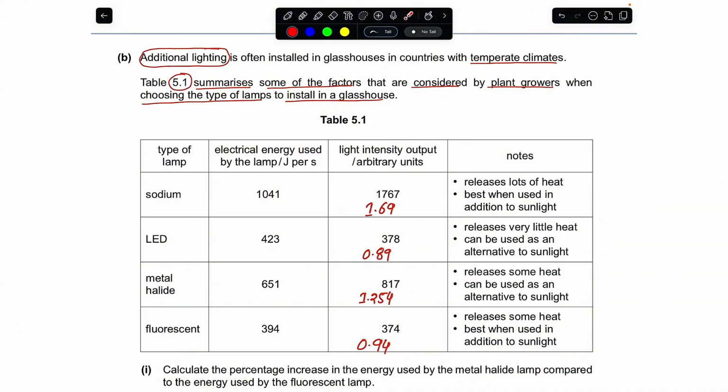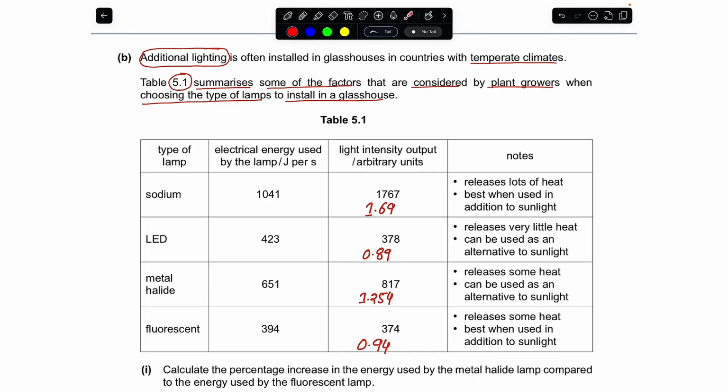It depends on various factors, like how much electricity the lamp is consuming, and against that consumption of electricity, how much light intensity is being emitted, and they are giving you notes on these lamps as well, about the advantages of each and every type of lamp that we have got. Now we should not waste our time thinking about what is best suited among them.